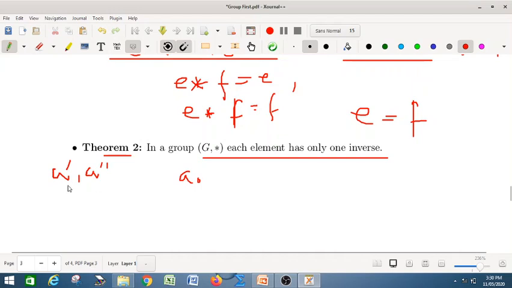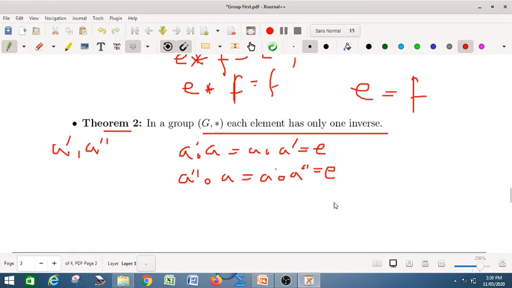Then A dashed circle A equal to A circle A dashed equal to E, because E is the identity element in G. Again, A double dashed circle A equal to A circle A double dashed equal to E, because E is the identity and A double dashed is the inverse, following from the inverse property.